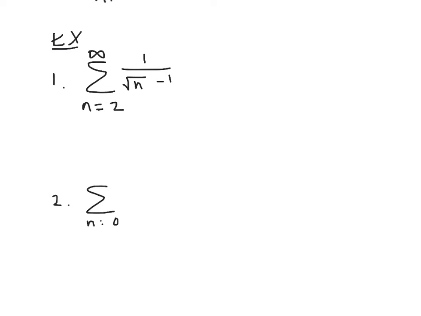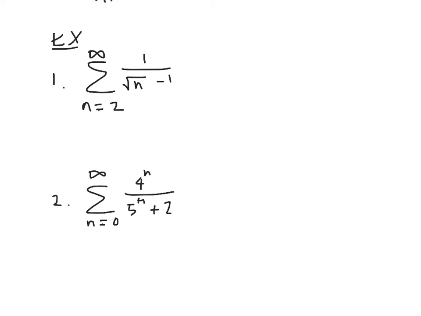In the first example, we have the sum from n equals 2 to infinity of 1 over the square root of n minus 1. And in the second example, we have the sum from n equals 0 to infinity of 4 to the n over 5 to the n plus 2.